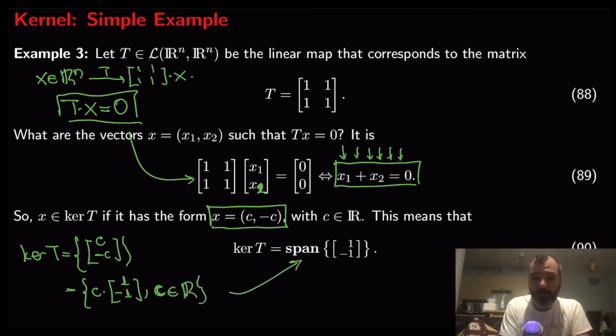Or, to put it more concisely, it is the span of (1, minus 1). And to take it a step further, this is the span of one single vector, so it's pretty clear here that the dimension of the kernel is equal to how many linearly independent vectors do I need to define the kernel? 1. The kernel of T is one-dimensional.